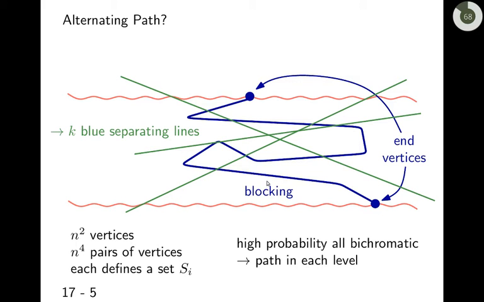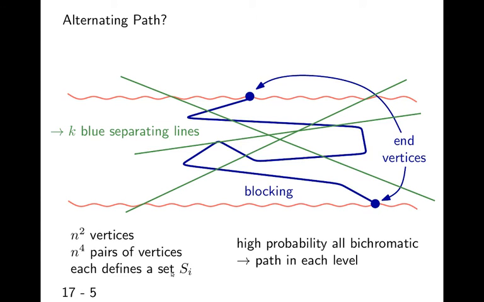So what we do is we count all the possible events that this can happen. We know we have at most n squared vertices, because we have n lines, and any two lines only induce one vertex. And then we know that there are only n to the 4 pairs of vertices, and this creates n to the 4 bad events.